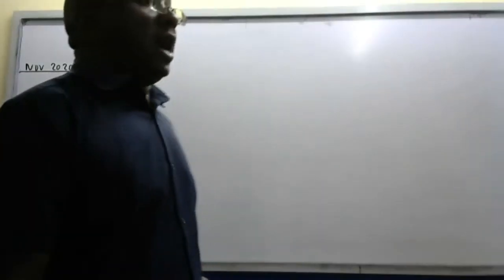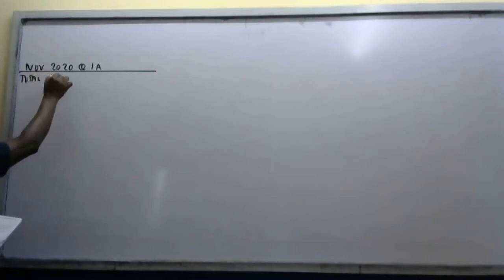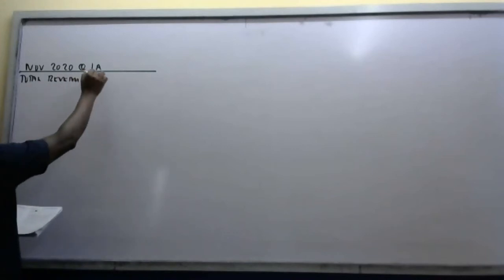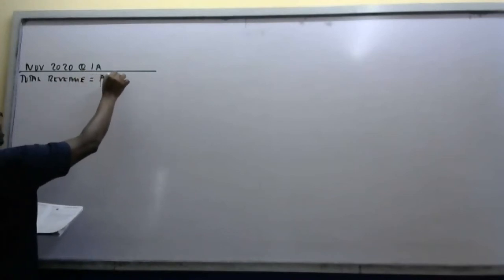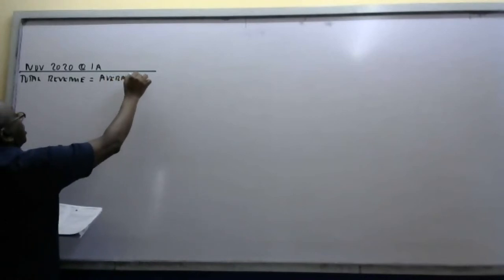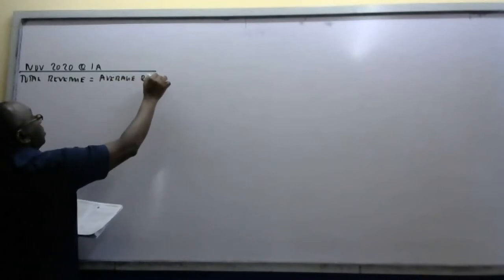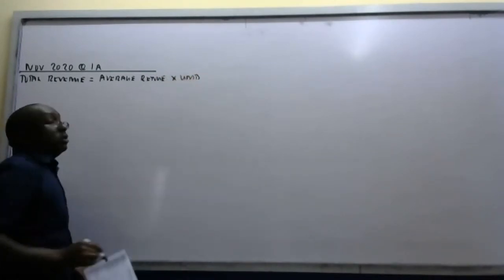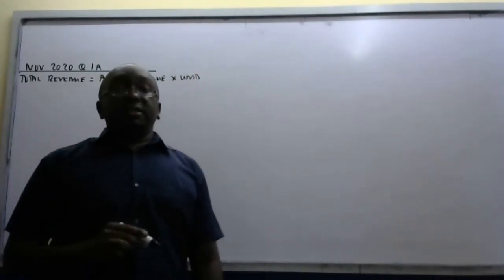As I told you earlier, the first thing is to get the total revenue. Total revenue will be given as average revenue times units, because here what you have been given is the average.